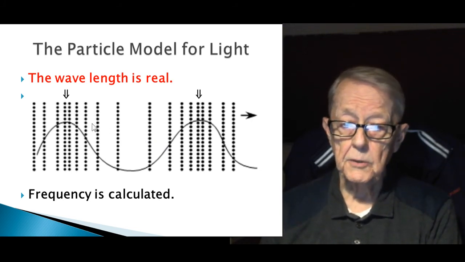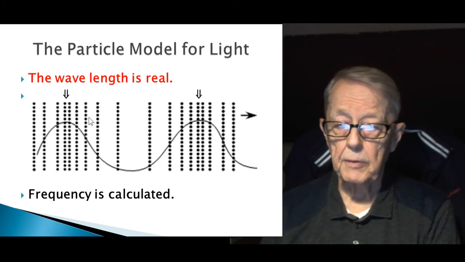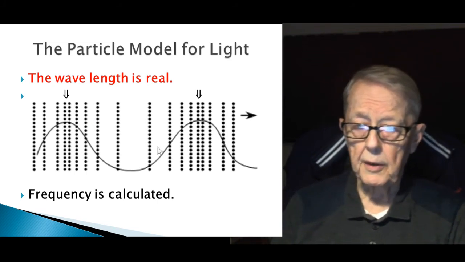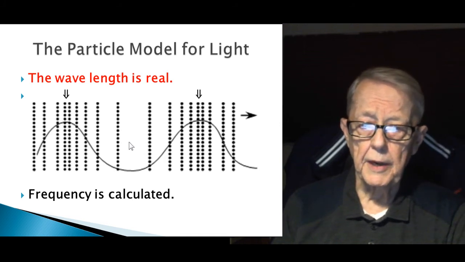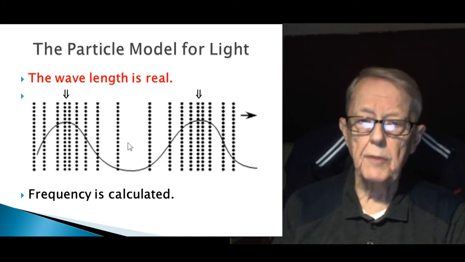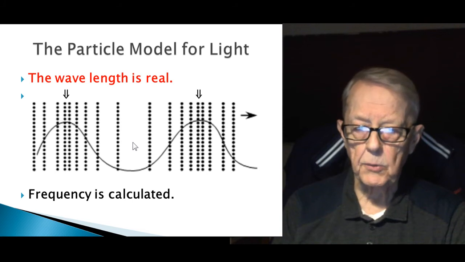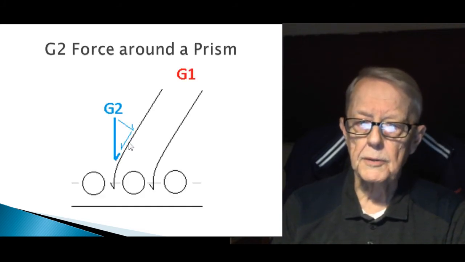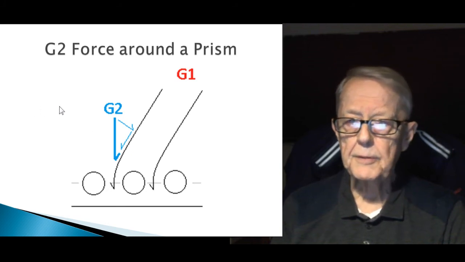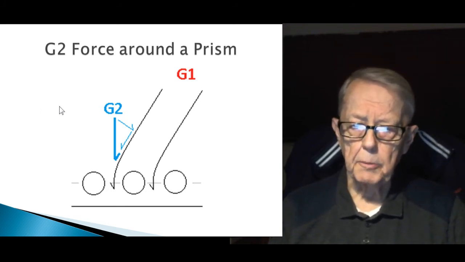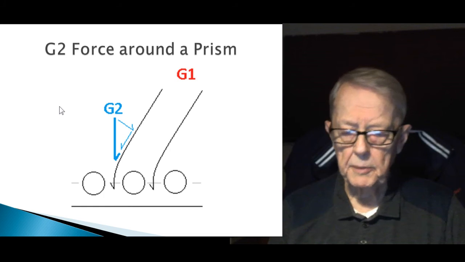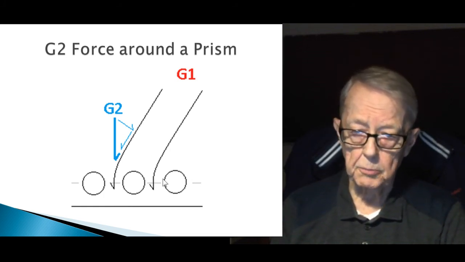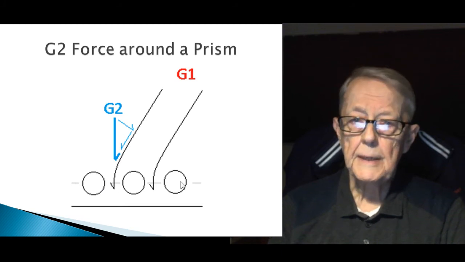The frequency isn't real, because in order to get the frequency, you have to do the math of wavelength and the speed of light, whatever the speed is. So it's a stream of particles. So here we have a G2 force around a prism, and the prism could be made of glass, which we already talked about, so presume that it's smooth.